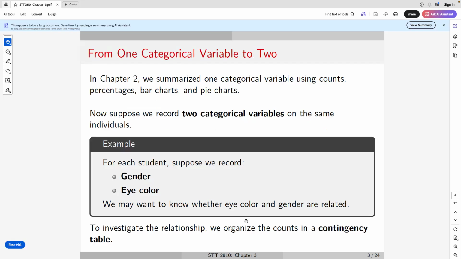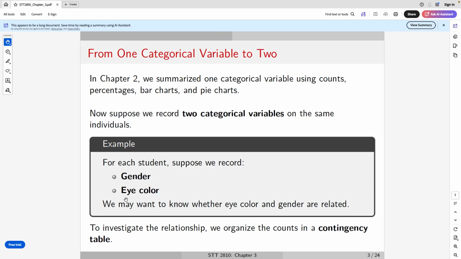And so, for example, if we have, say, gender and eye color, we want to know whether there is an association between gender and eye color. So the categorical variables here are gender and eye color.